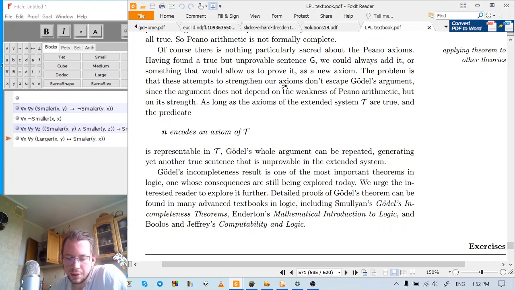The problem is that these attempts to strengthen our axioms do not escape Gödel's argument, since the argument does not depend on the weakness of Peano arithmetic, but on its strength, as long as the axioms of the extended system T are true.